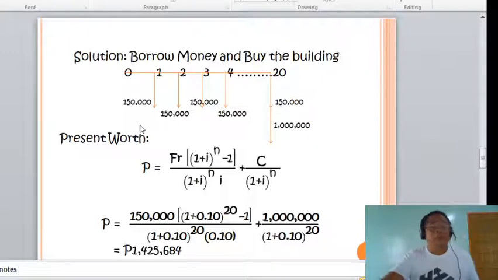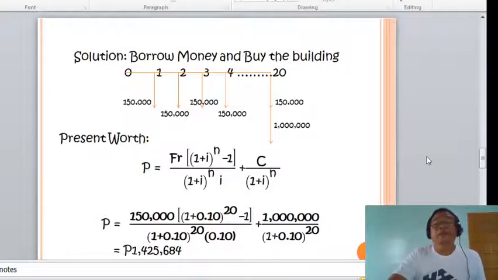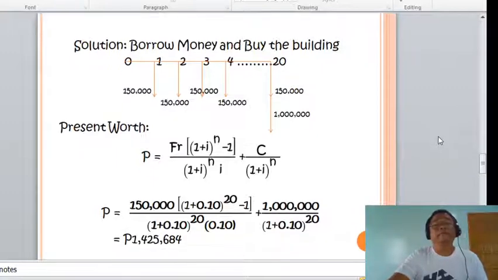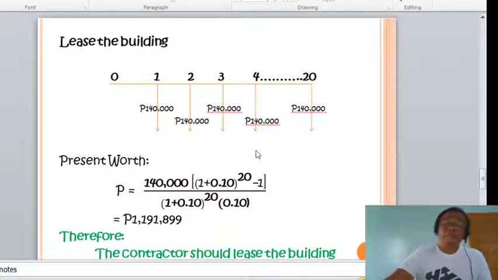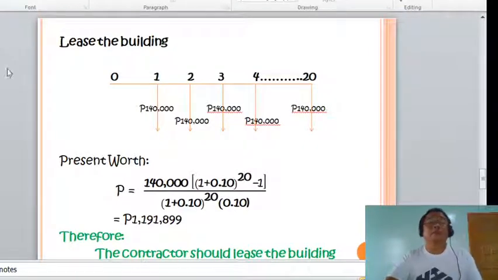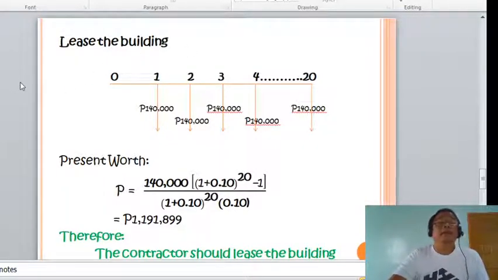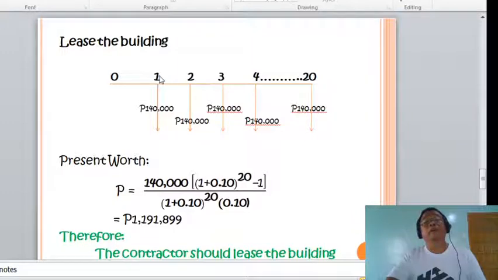Okay? So this is, of course, the first option. We are going to take another option in order to justify whether you buy or lease the building. Here we have the cash flow for leasing the building, again numbered from 0 to 20 years. The annual payment, starting 1 year from now, is 140,000 up to the 20th year.